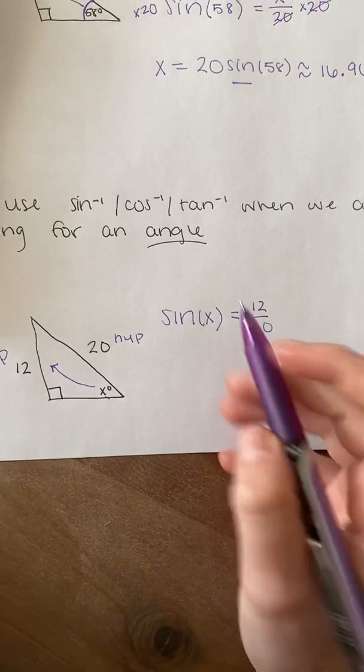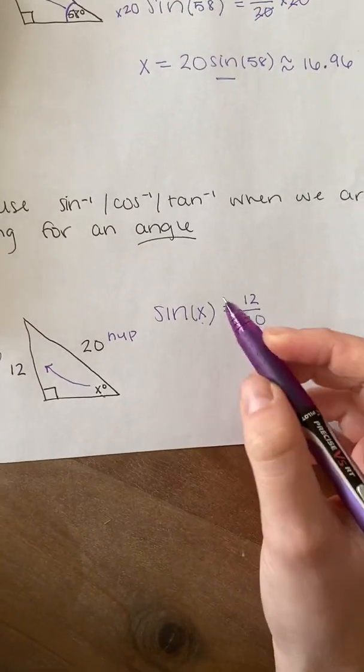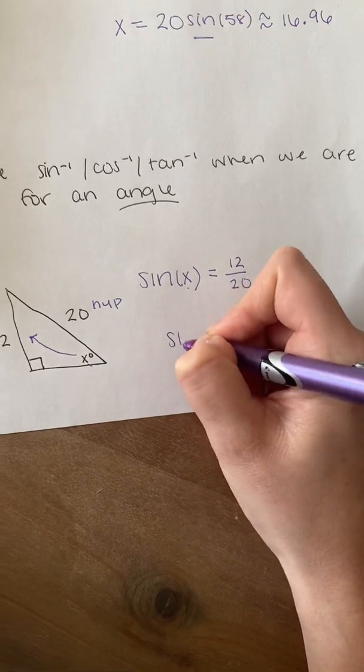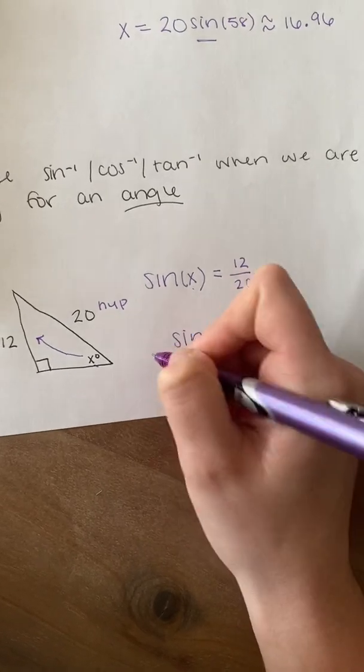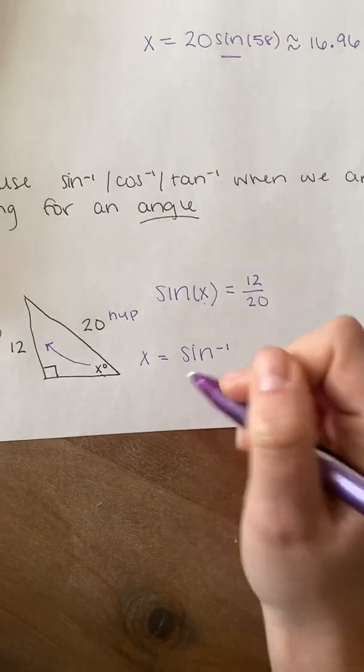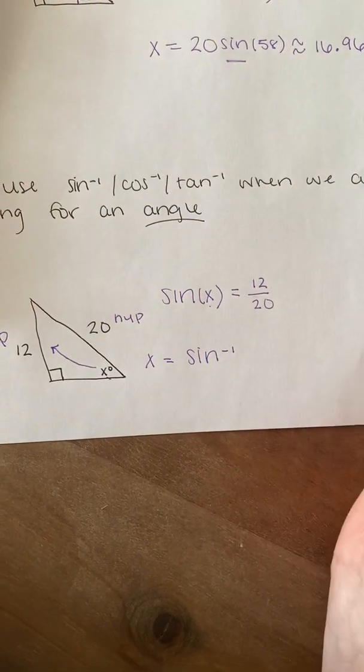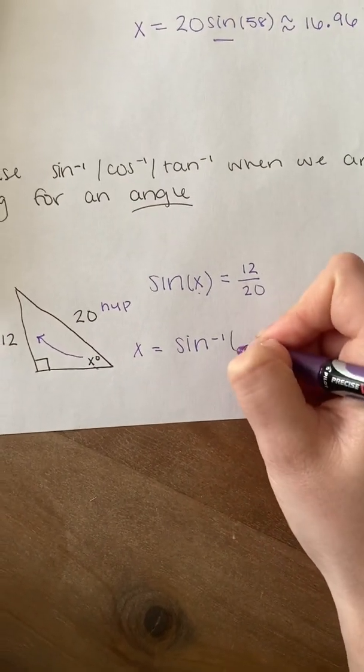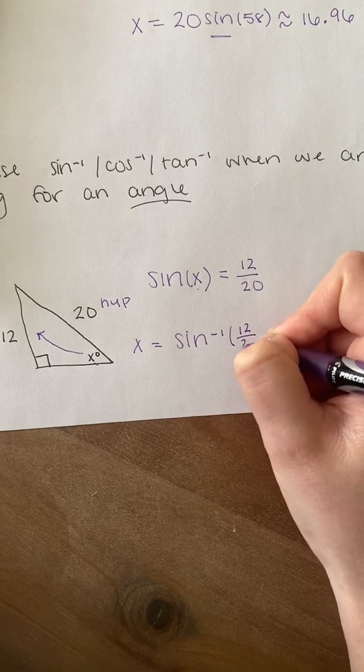And if I want to know what that angle is, then that's when we use the inverse. So that's sine to the -1, so x will be equal to sine to the -1, the inverse of sine, 12 over 20.